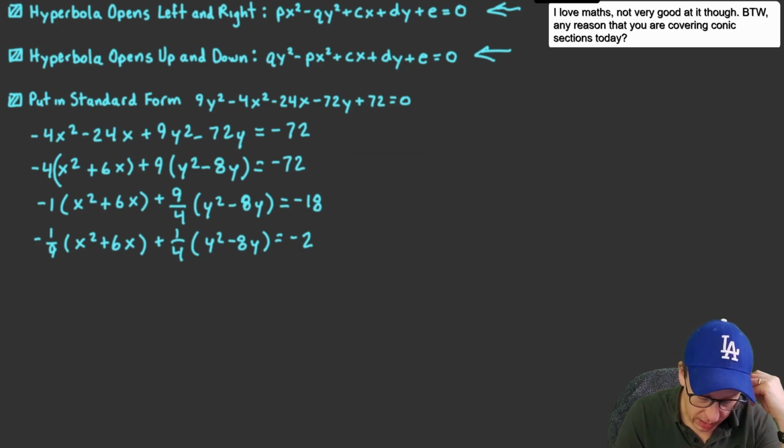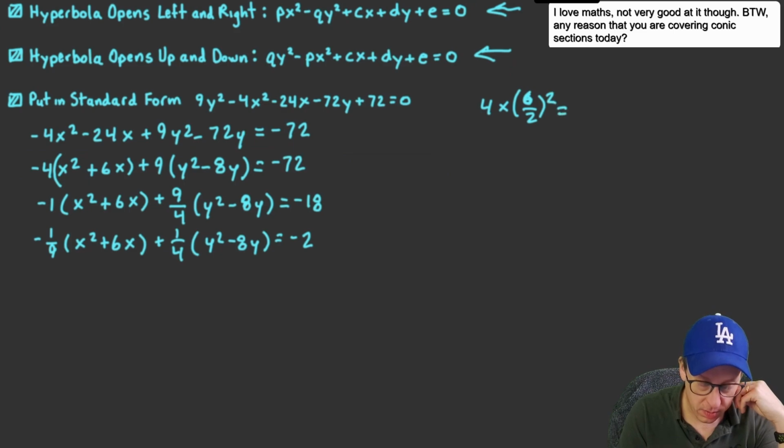So this is going to be 4 times 6 over 2 squared, which is going to end up being equal to 9.